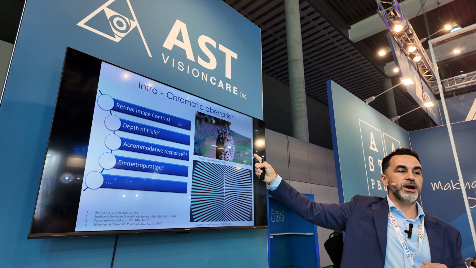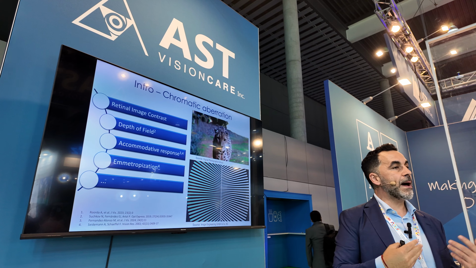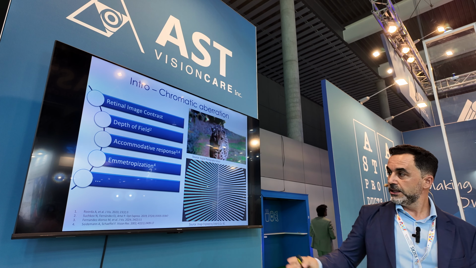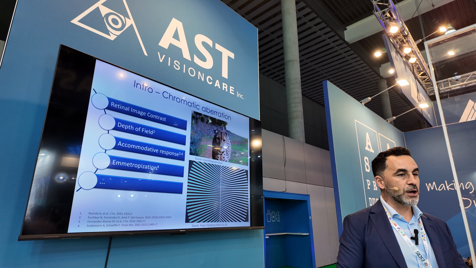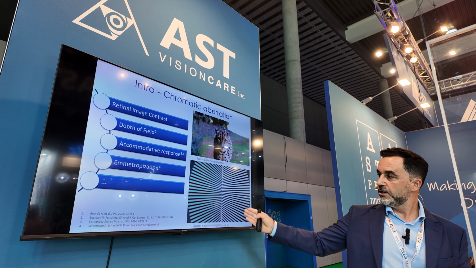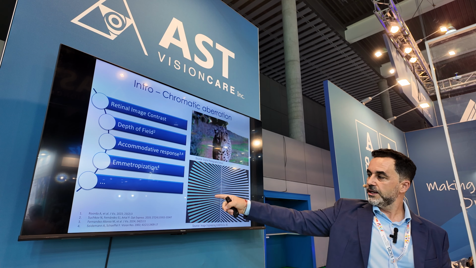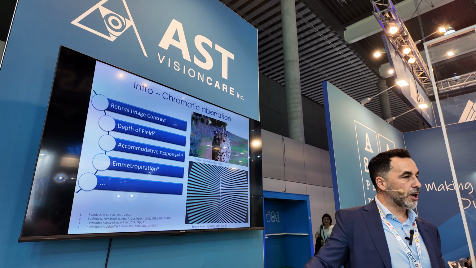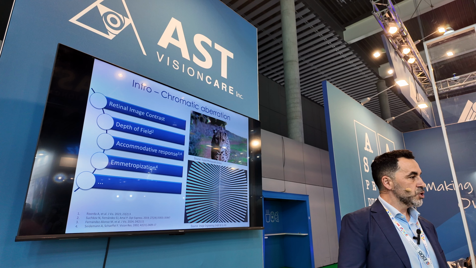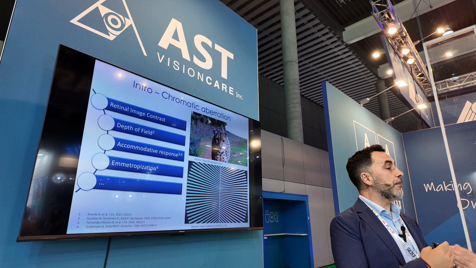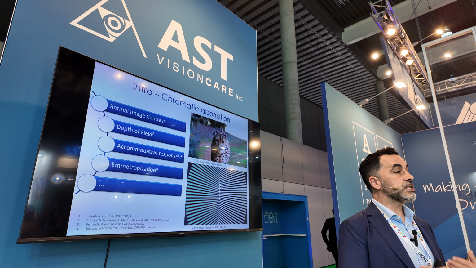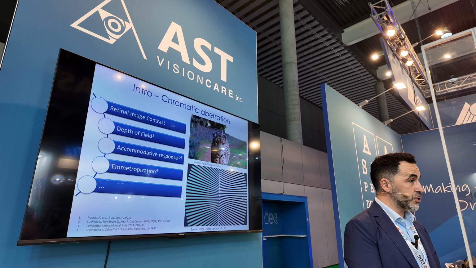So you can see very easily what the impact of correcting chromatic aberration has in an actual image. Translated into a black and white pattern, as we normally use for resolution in clinical terms, we can see that there is an effect as well. Here we see the polychromatic aberration, and here we see the aberration corrected. So it's easy to understand that from an optical perspective, correcting chromatic aberration is a plus in terms of visual performance.